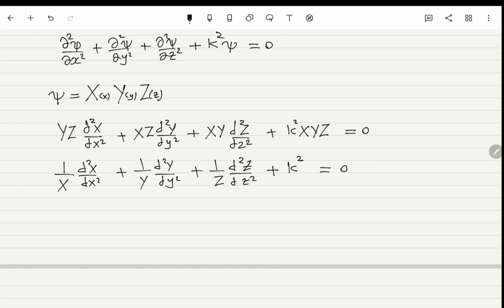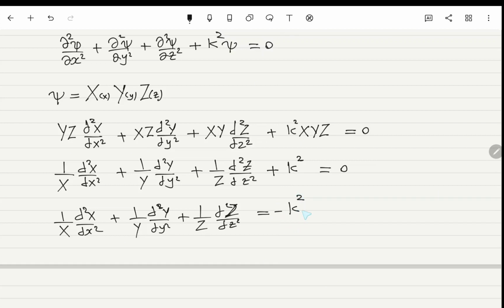In other words, 1 over x d2x by dx squared plus 1 over y d2y by dy squared plus 1 over z d2z by dz squared equal to minus k squared.